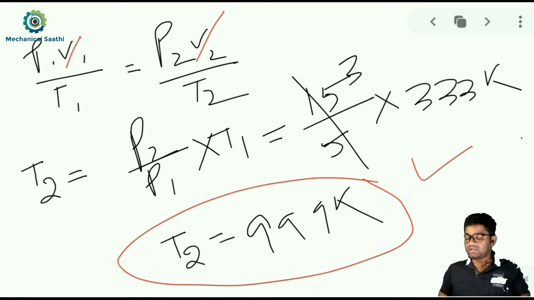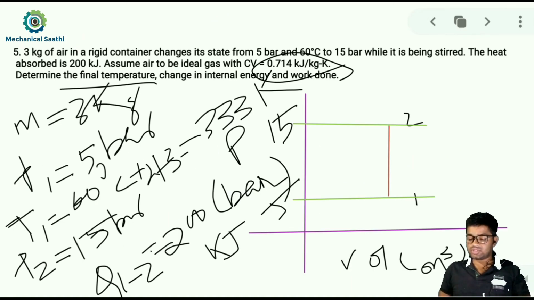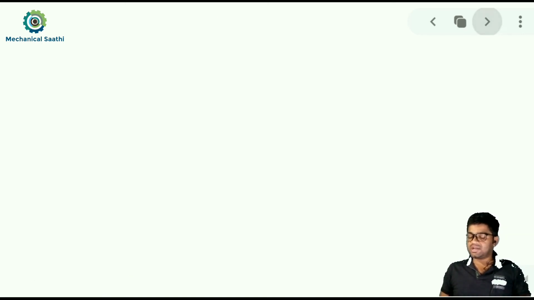Okay, so let us next try to calculate the value of our change in internal energy. So this is an ideal gas, it is being told here, and as this is a constant volume process, we can assume that this is a quasi-static process actually. So for a quasi-static process of an ideal gas, we can write down the change in internal energy as follows.